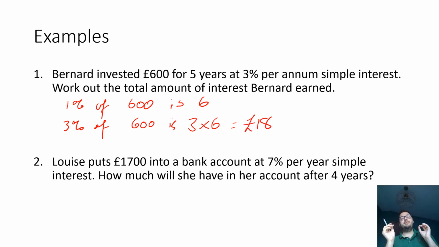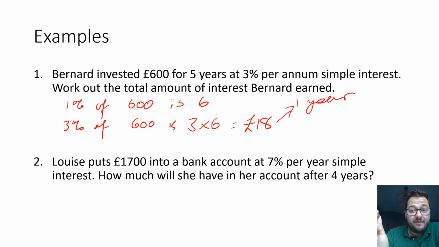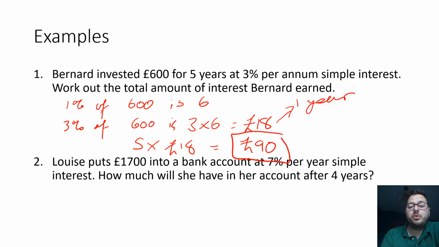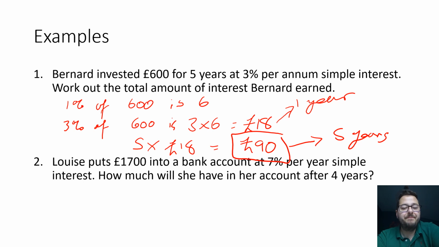So for 5 years, we want to do 5 times 18, which is 90. We'll make sure we know that that is after 5 years.